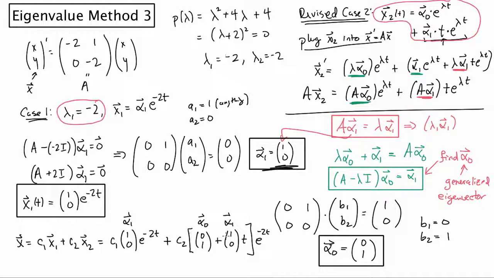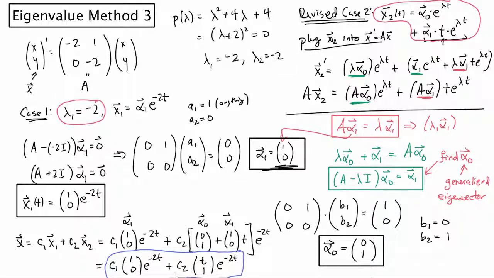The way you would probably want to write this is c1 times 1, 0 e to the negative 2t plus c2, combining this: the top component of the vector is 0 plus 1 times t, which is t, and the bottom component is 1 plus 0 times t, which is 1. And this would be my solution in this case.